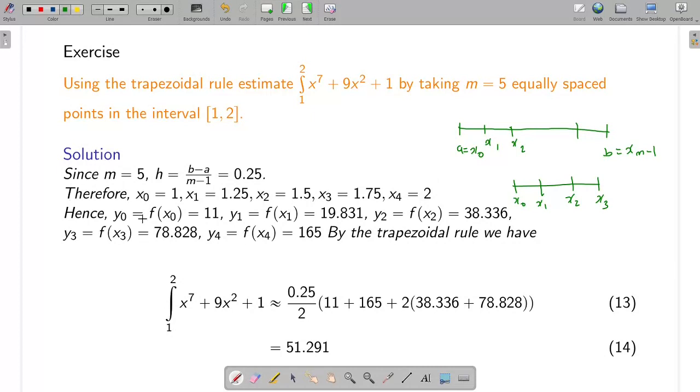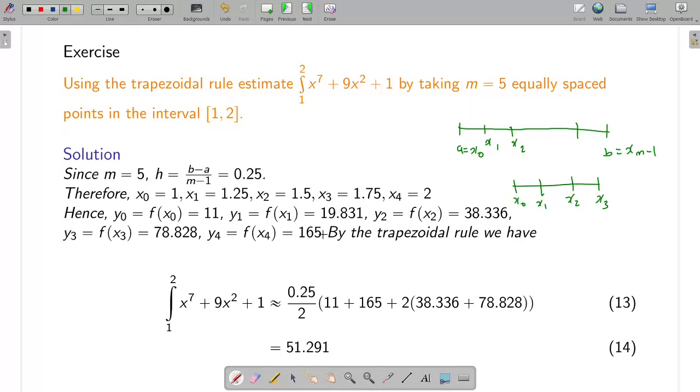Now you need to compute the values of y0 by simply plugging in what this is over here. The first one would be when x0 is 1, the value of f would be 1 raised to 7 plus 9 times 1 square plus 1, which is nothing but 11. This is 1 plus 9 plus 1. x1 is 1.25, so you put this in here.